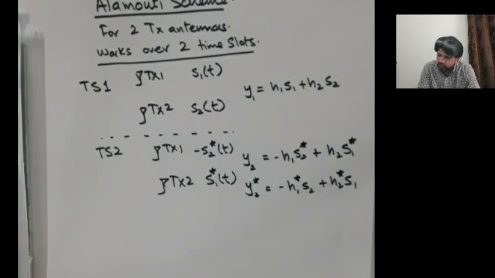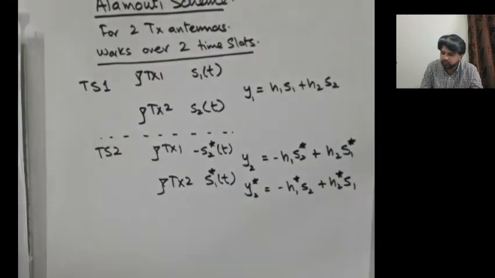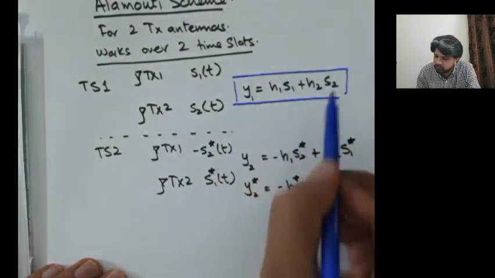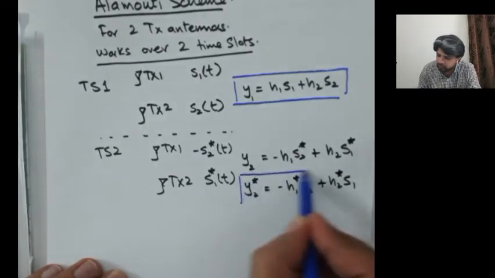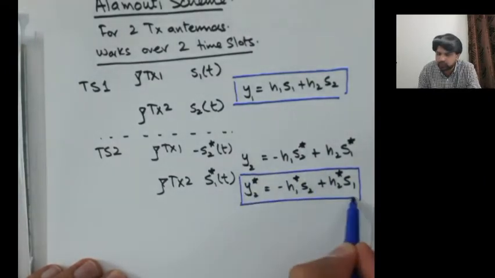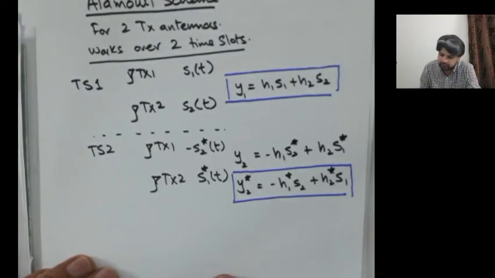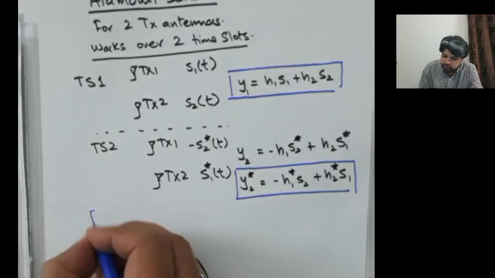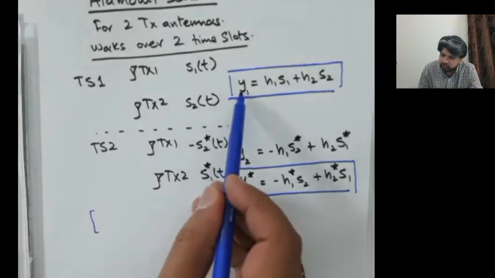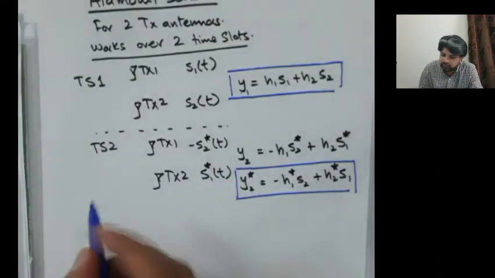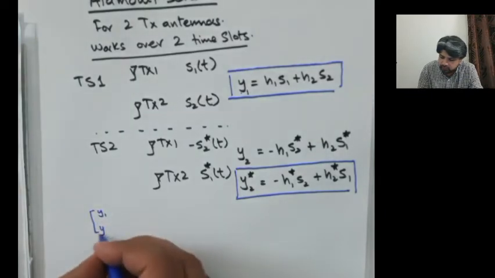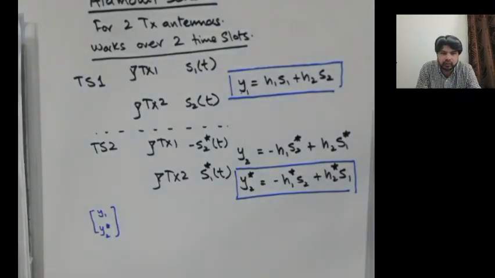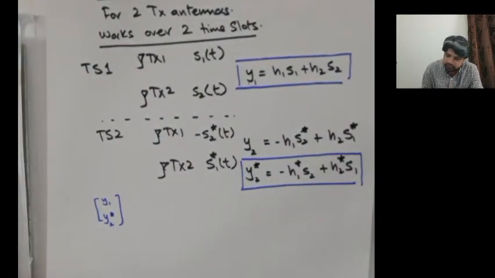And now you work with these two equations. You have this equation that you received in time slot 1, and this equation that you received in time slot 2, and you took the complex conjugate of it. If you combine them together, let's take y1 and y2 conjugate and put them together in a vector form. Let's call it vector y.